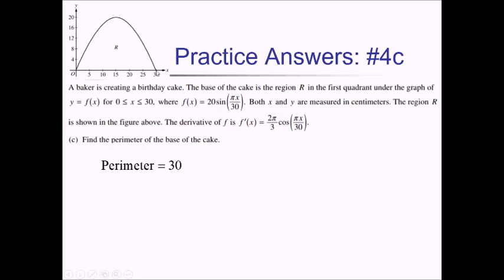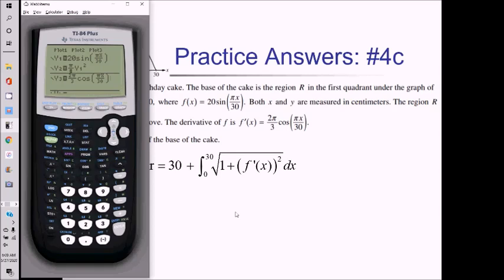So that's going to be the integral from 0 to 30 of, and now when I do this, I have to take the square root of 1 plus the derivative of this curve squared. So in this case, that's going to be 1 plus f prime of x squared, and I'll put a dx for my differential. And now I'm just going to do the rest of this on the calculator.